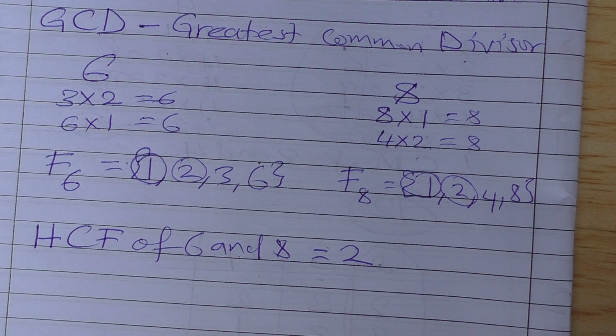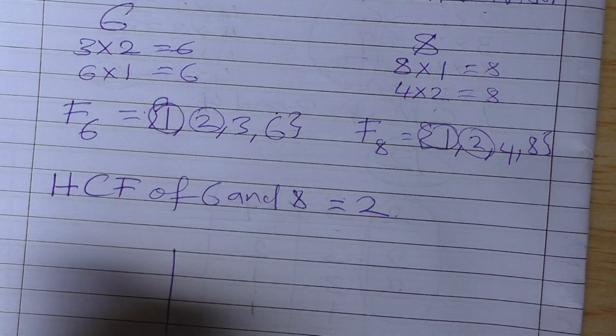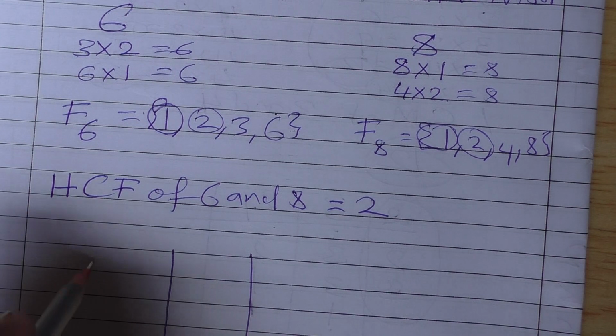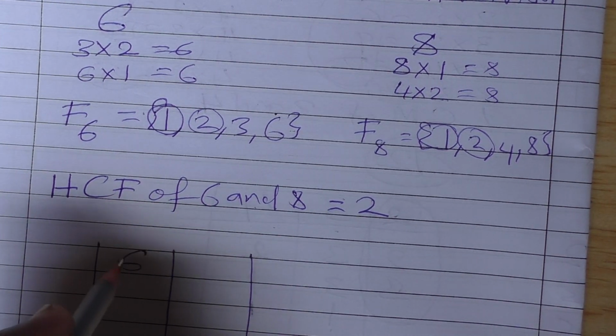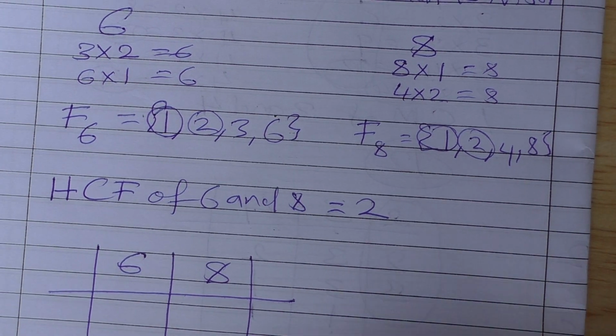However, we also use the ladder method. This is how it works. We write 6 and 8. Then we divide by the prime factors.